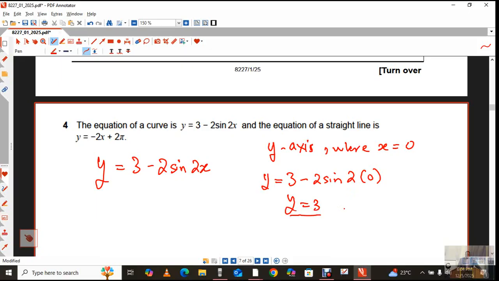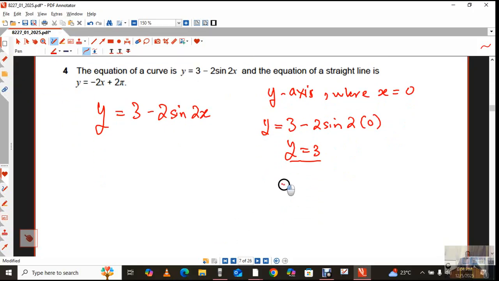Another thing, there's a minus in front of the function, so this is going to be a reflection. When you have an original sine graph starting off from here and going in this way, this particular graph is going to have the opposite, because of that negative, it's going to be reflected.